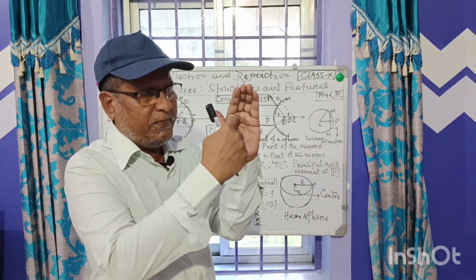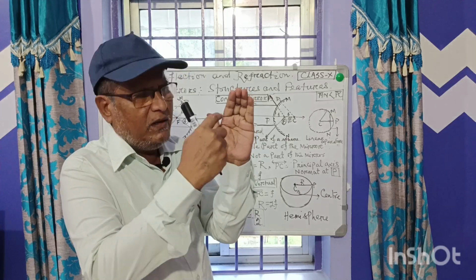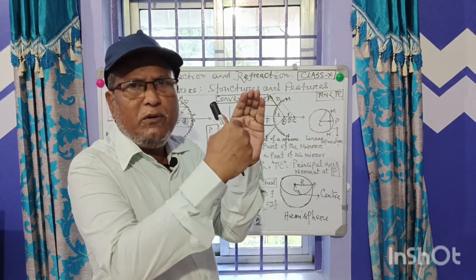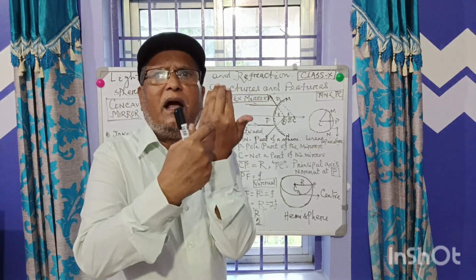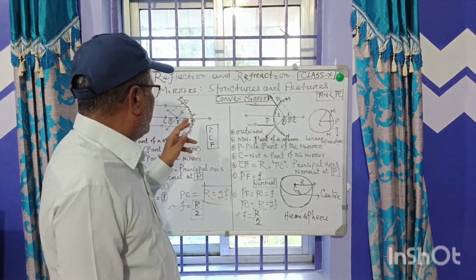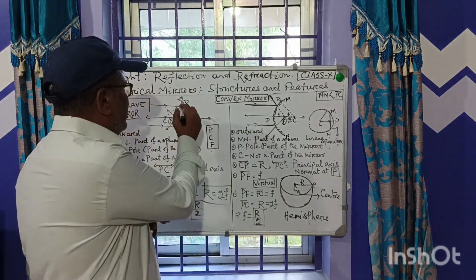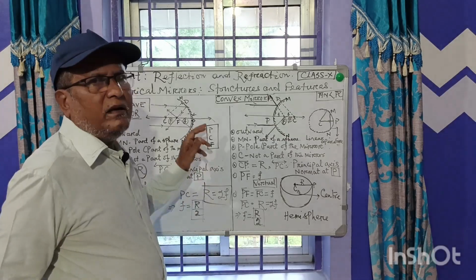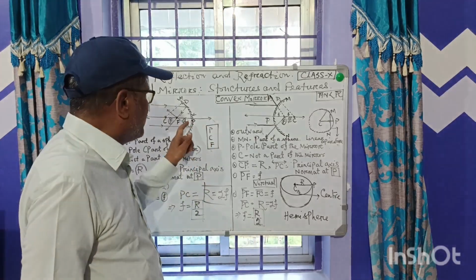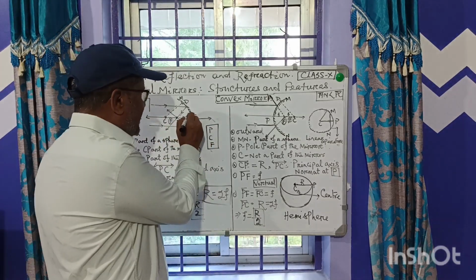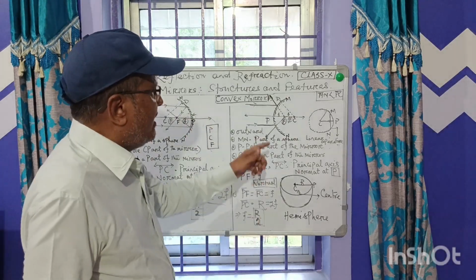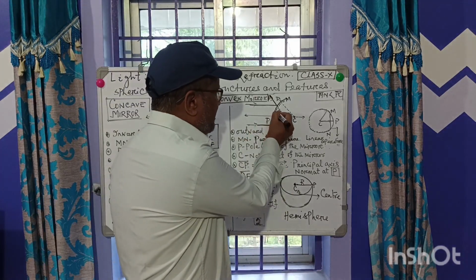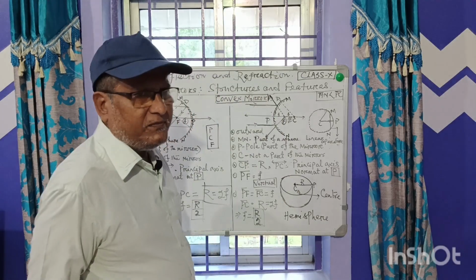Now it is a curved surface, and this is called the inward surface, and this is the outward surface. So the MN curved surface has two surfaces, the inward surface and the outer surface. And here this is the inward surface and this is the outer surface.